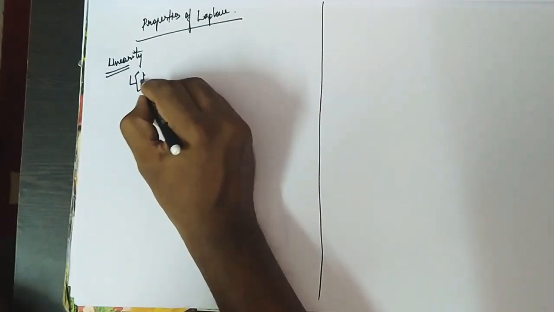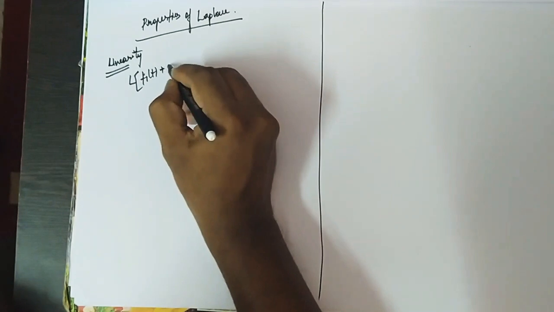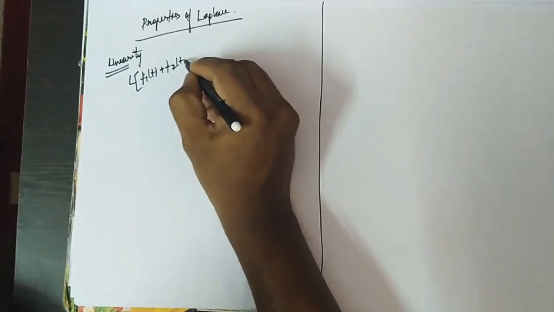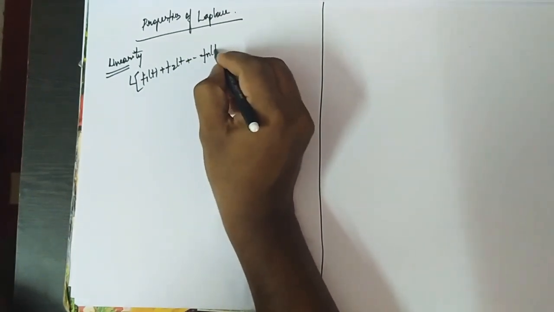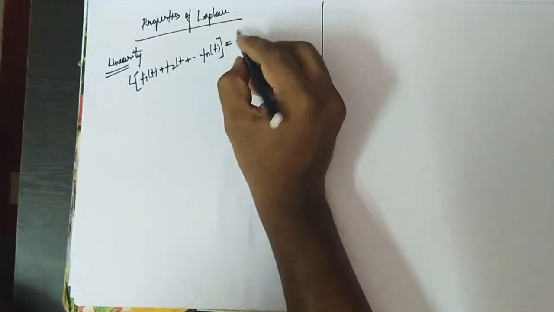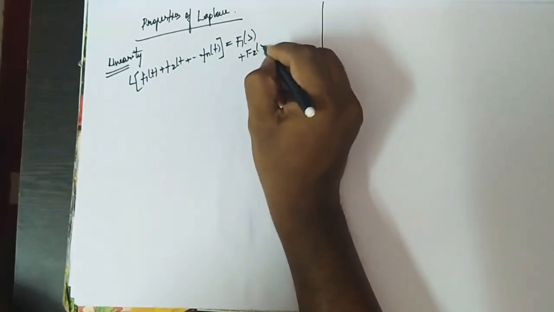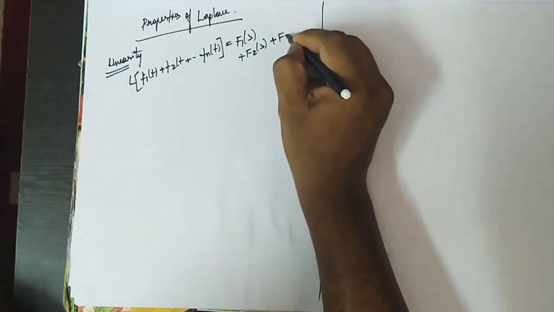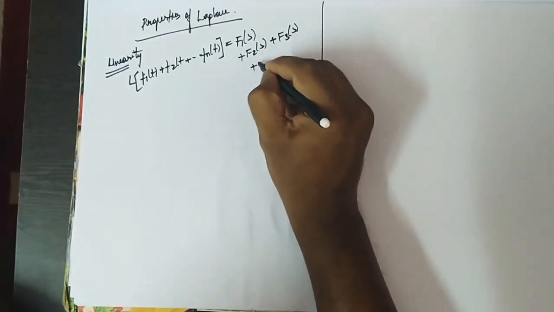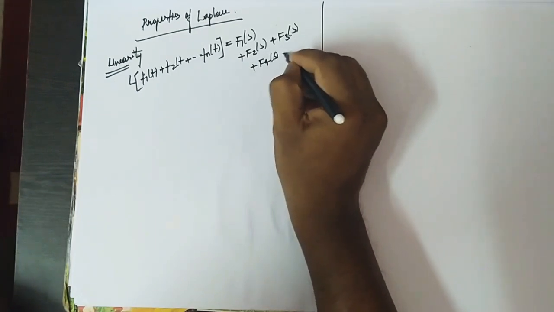Laplace of f1 of t plus f2 of t plus so on fn of t equal to what? F1 of s plus F2 of s, you already know all these things. I am just recollecting things which will be used here, so on Fn of s.